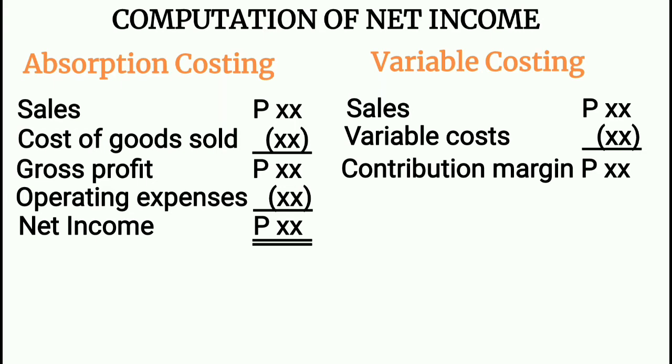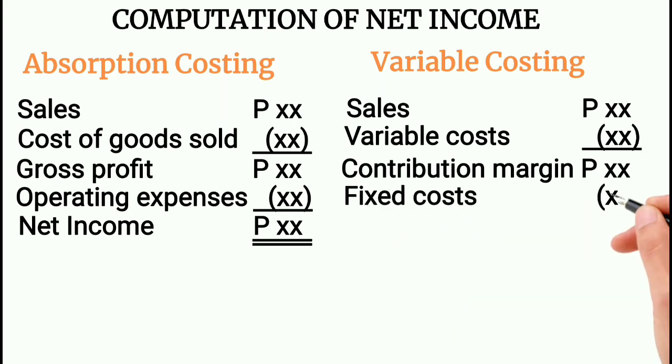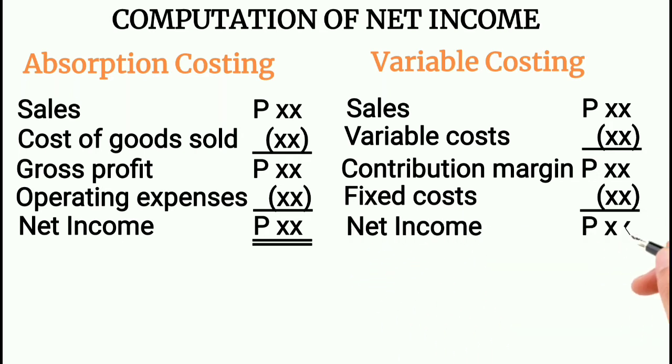Next, minus fixed cost. Contribution margin minus fixed cost, that is equal to net income. Take note, dito sa fixed cost, nandito na yung fixed factory overhead at fixed selling and administrative expenses.